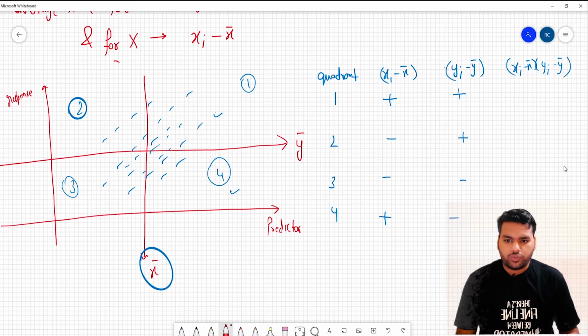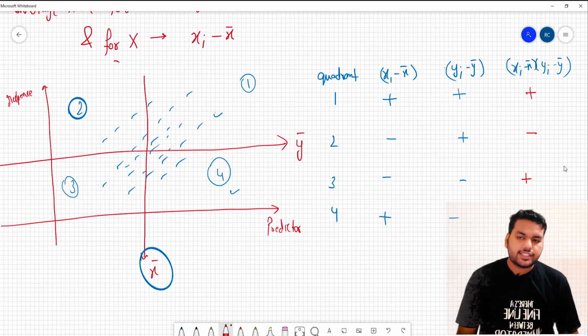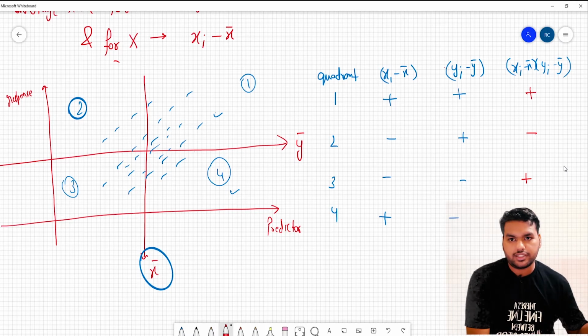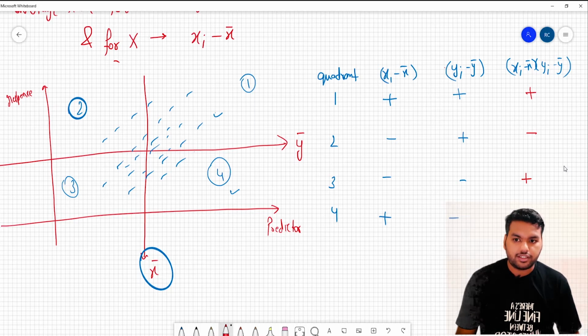When we see their product, this is positive, this is positive, else it is negative. So if x is increasing and y is increasing, then we can see from their product what the sign is.